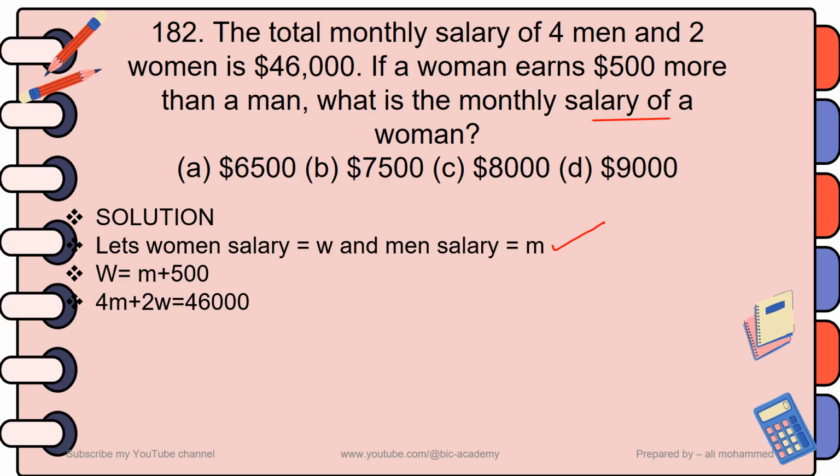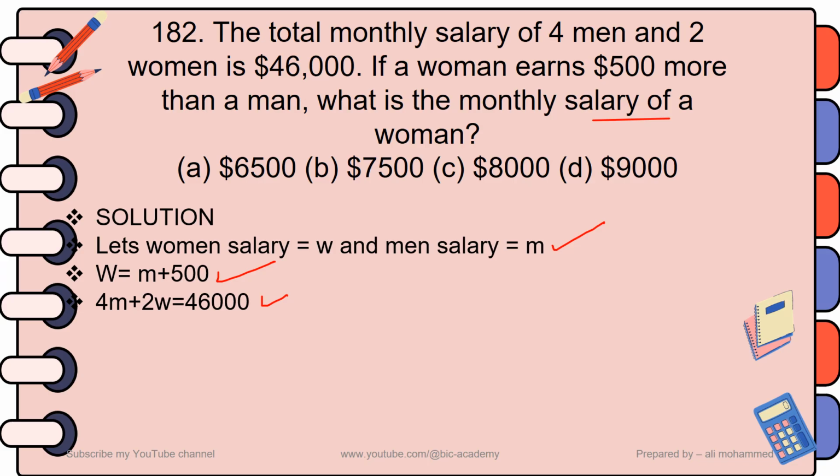Again, there is another piece of information which says that 4M + 2W = $46,000. So we have the first equation, W = M + 500, and the second equation, 4M + 2W = $46,000.